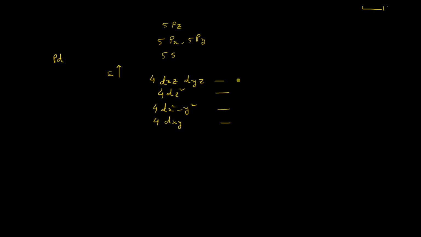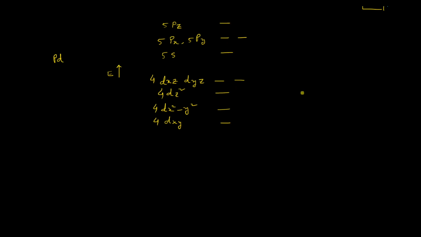These 4dxz and 4dyz will be degenerate, that is, the energy levels are the same for these two orbitals. Then will be the 5s orbital, then 5px, 5py, which are also degenerate, and the last orbital will be 5pz.